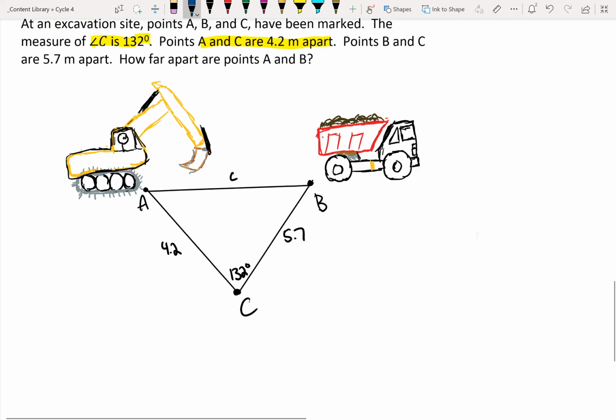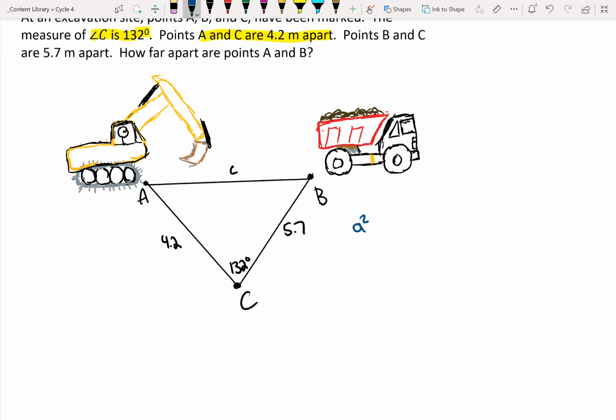So cosine law, I'm going to write out the original one that we talked about.